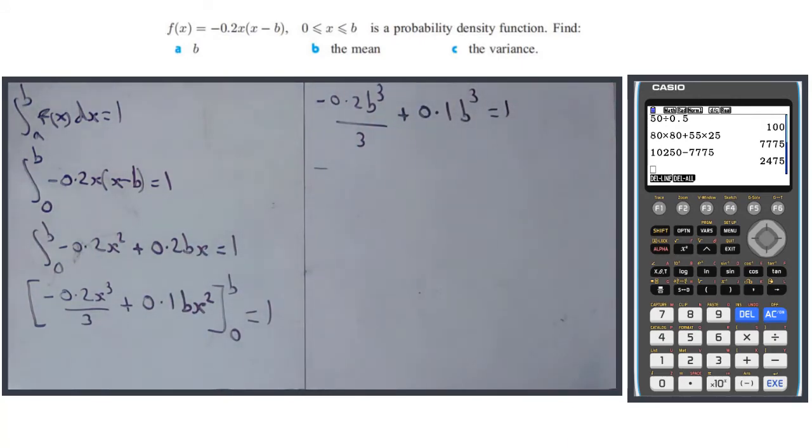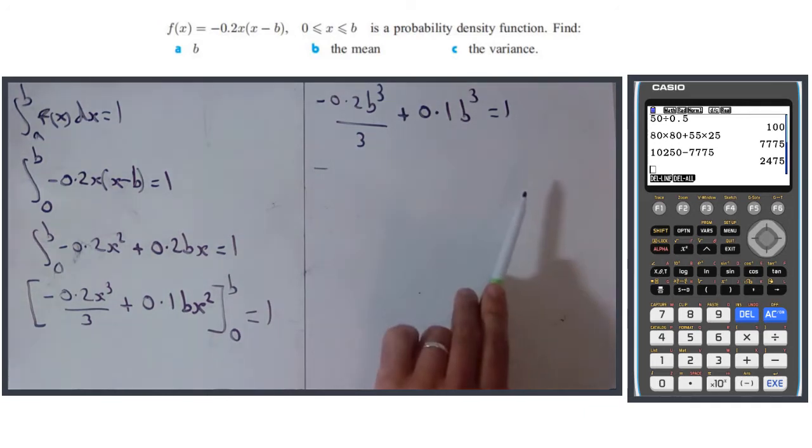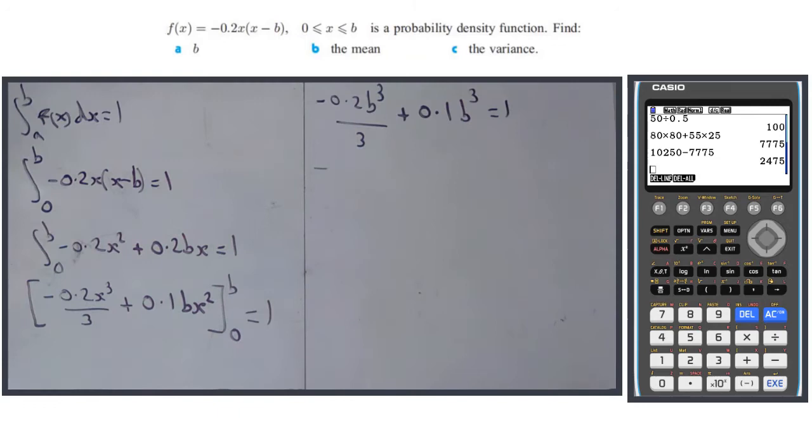If you've got an equation like this, the 3 is a problem, and the fact that it's in tenths is a bit messy as well.